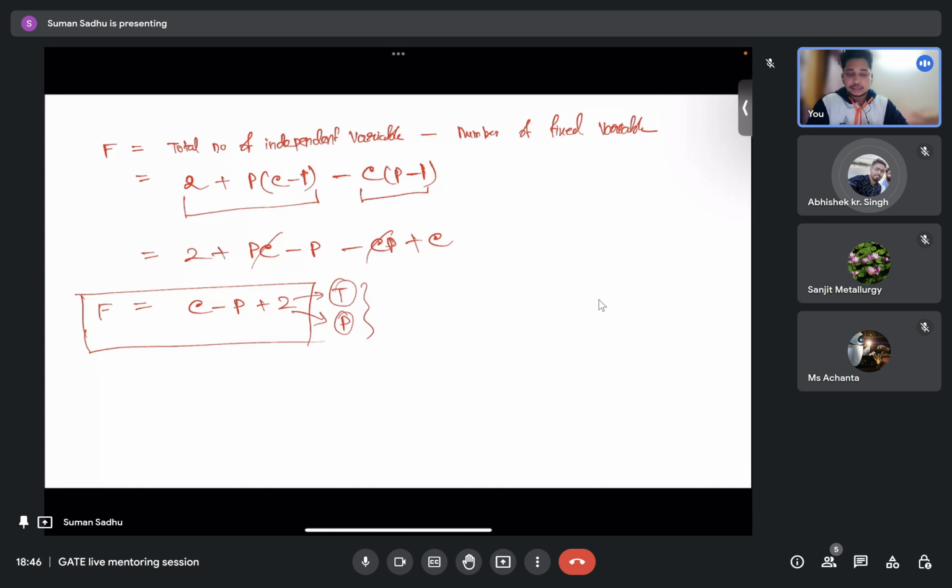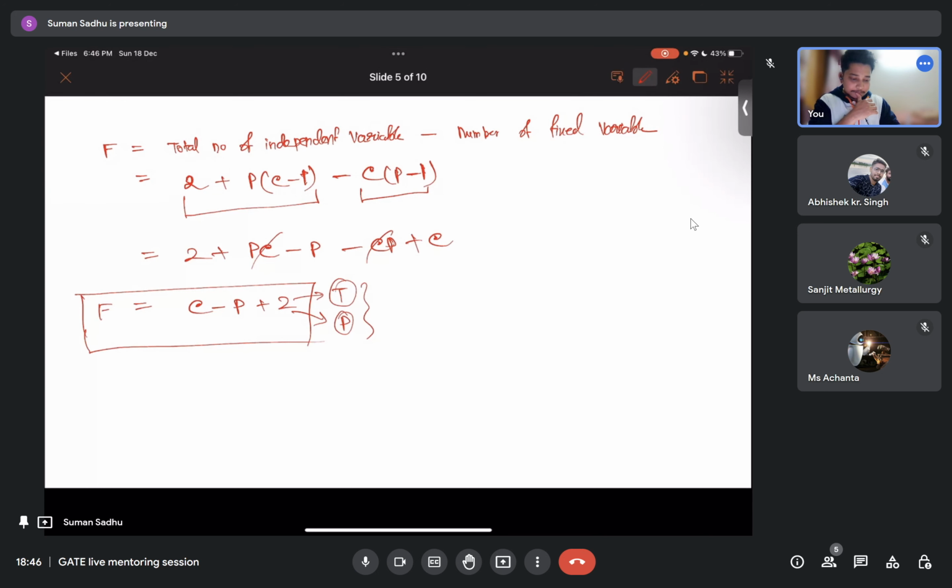Because now I am going to ask the same question which I asked earlier. So now I think you people can answer from that phase diagram. This point and this point.